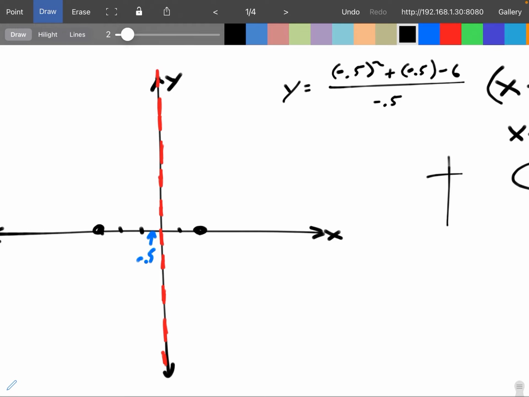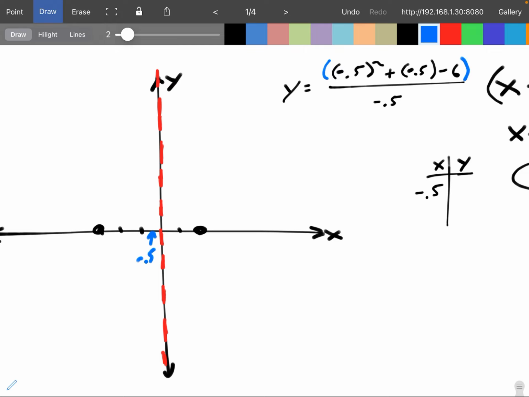So basically what I'm doing here is making a little table. Here's x, here's y. I picked an x value of -0.5, and we're trying to find the y value. Now, if you're going to put that all in your calculator at once, you're going to need an extra set of parentheses around it, or it's going to get messed up.